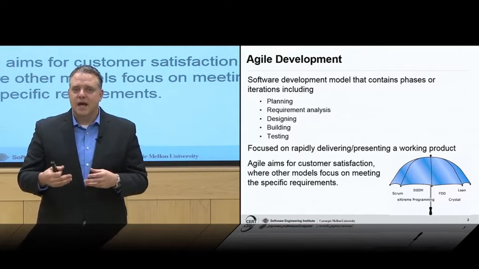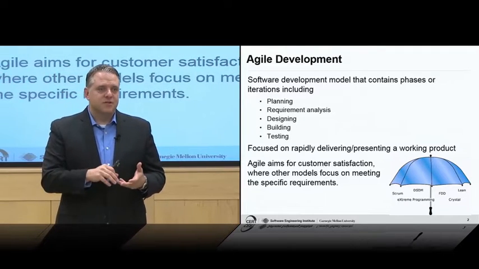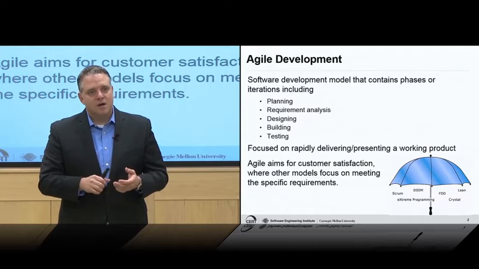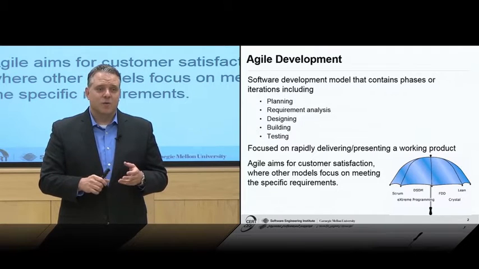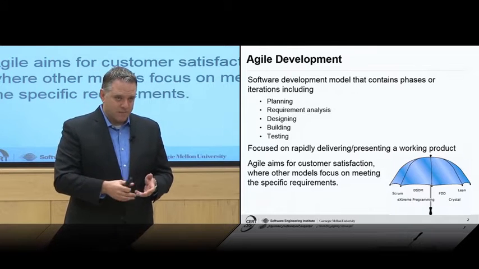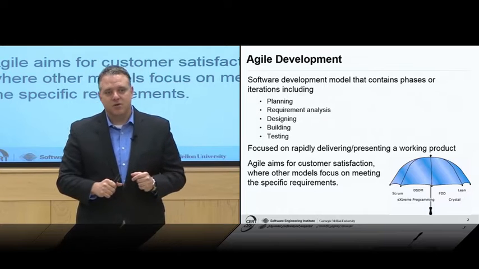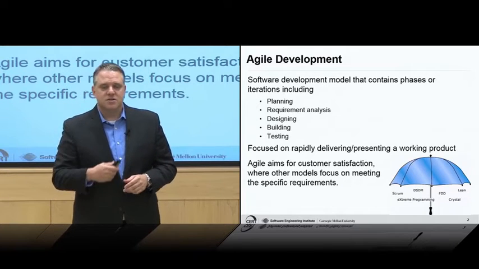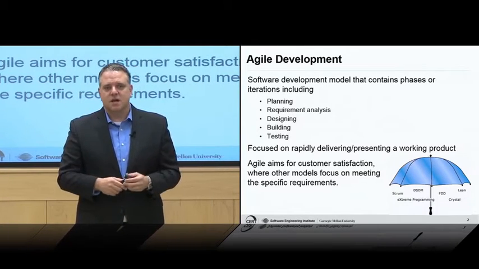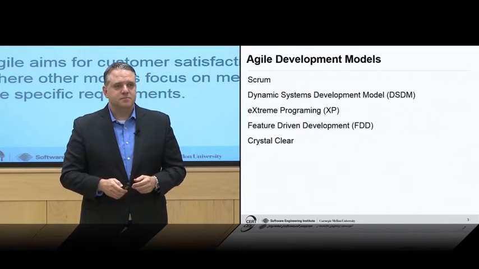How do we quickly get a prototype out there? Agile development really aims for customer satisfaction, as opposed to other models which might focus on meeting specific requirements or sticking to the requirements model that you have defined. There are several methods like Scrum, DSDM, Crystal that we'll talk about in this section.